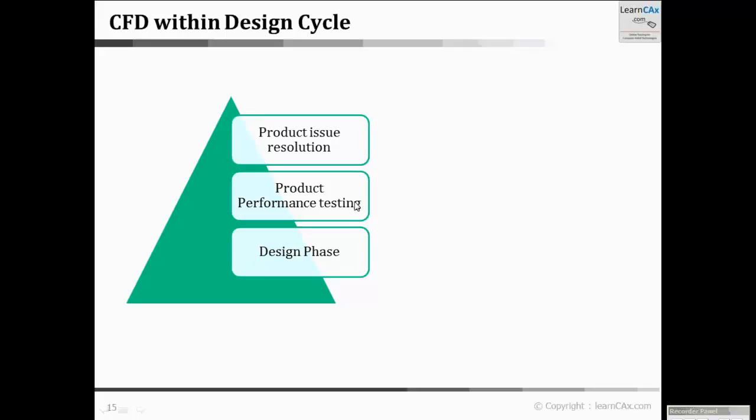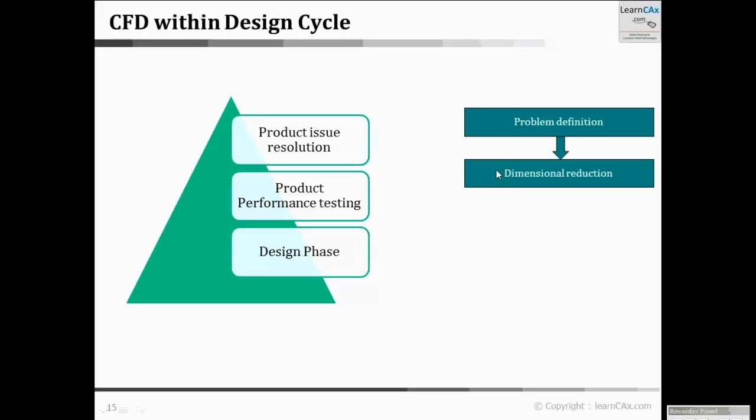They integrate the entire simulation process within the design phase and come up with the best possible product, testing the performance of those products using simulations so that whenever they launch a new product, it will be the ideal product from a design point of view. So they basically convert a design problem into a CFD problem or a simulation problem.